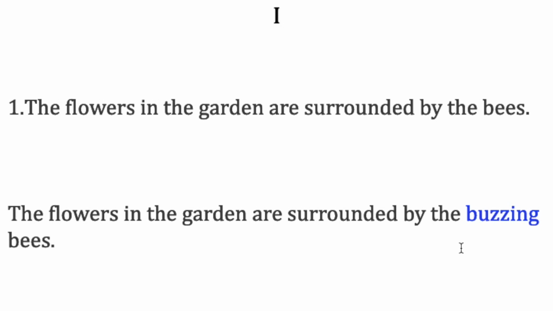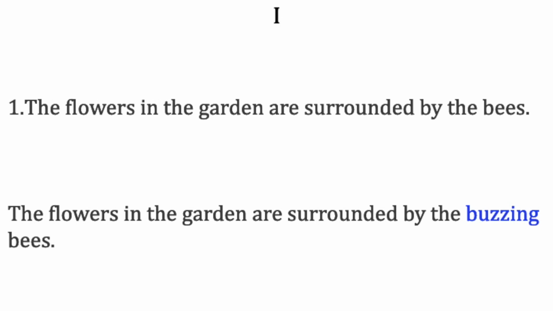When you say buzzing, it brings a lot of impact in the given sentence, makes the sentence catchy, and definitely brings some rhythm, and you can relate that the bees are making some noise. What sort of noise? Buzzing. So this is called onomatopoeia.